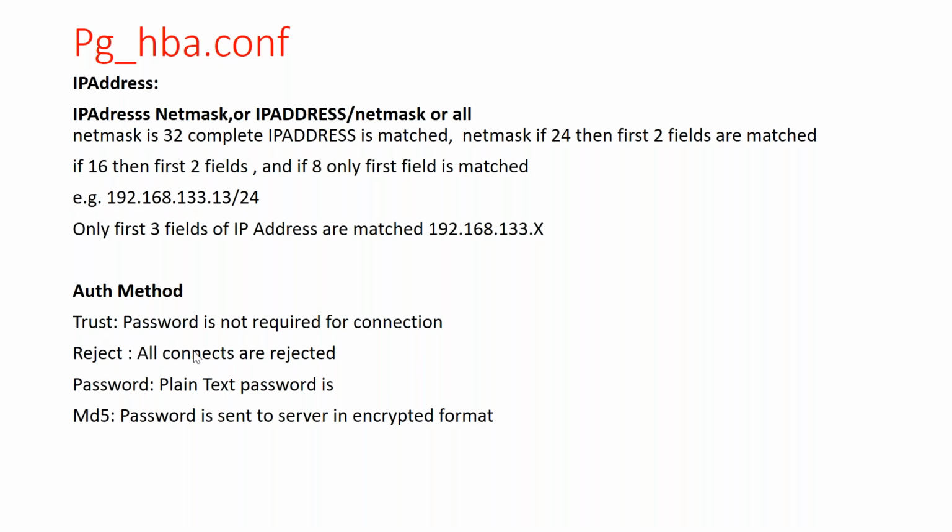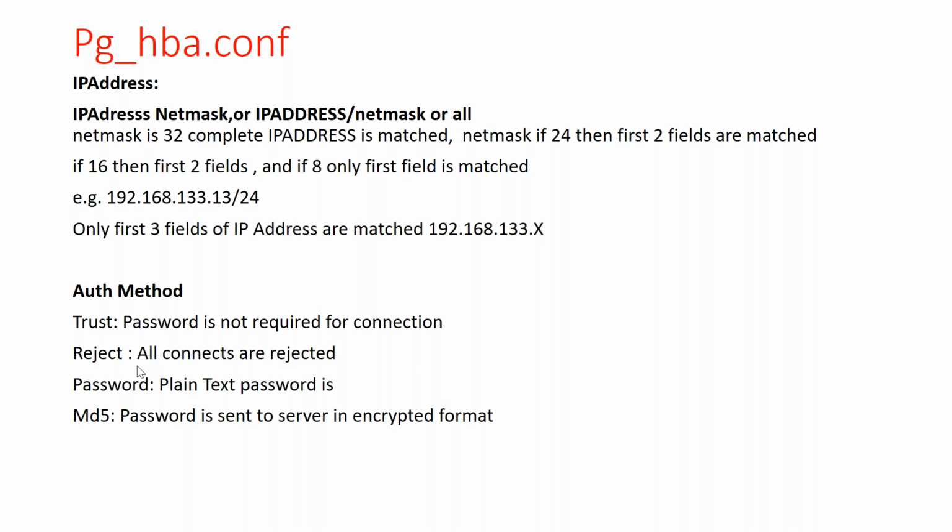So trust is something which is trusted. You don't need a password to connect. Now, if you say reject, that means you are rejecting the connection, even if you don't make an entry, that is rejected by default. But if you want to explicitly make an entry and reject some connections, because maybe you have specified host all, this reject will definitely override that acceptance.